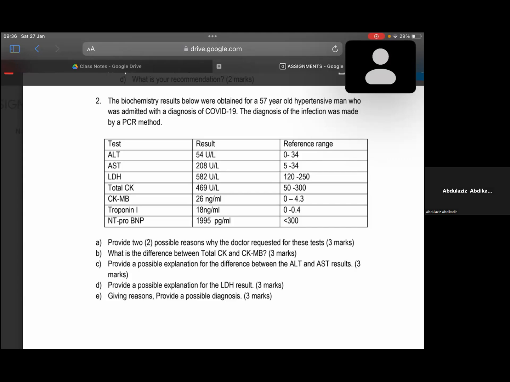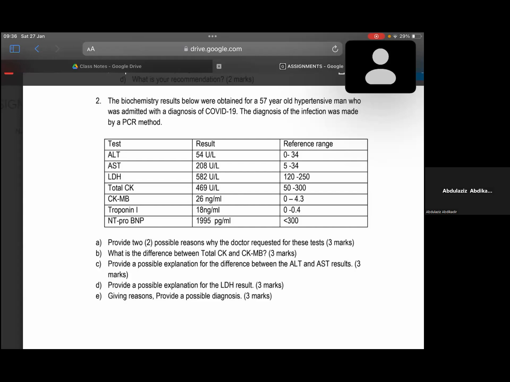So the CK is total. CKMM is for the skeletal muscle, the CKMB for the heart, and the CKBB for the brain. But the CKMB is the one found in the heart. So that is the difference, and it's just as simple as that. Yes, CKMB is specific to myocardium, and the CK is total for everything, the heart, the brain, and the muscle.